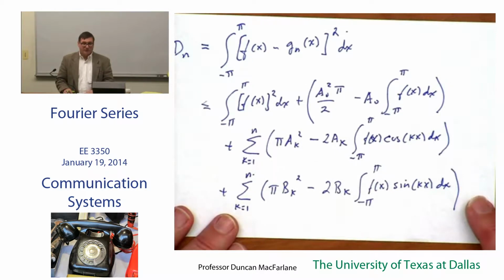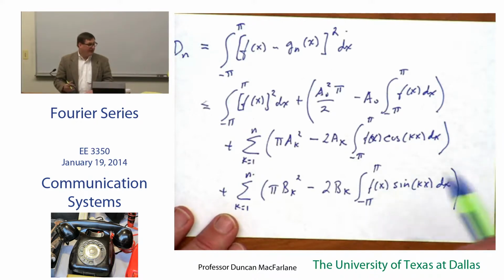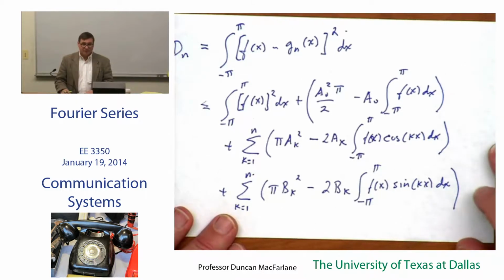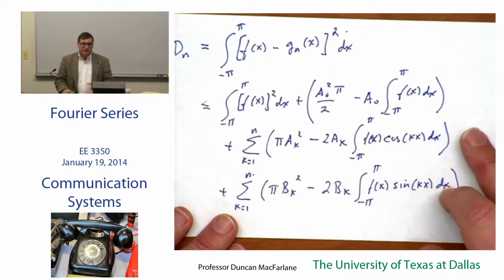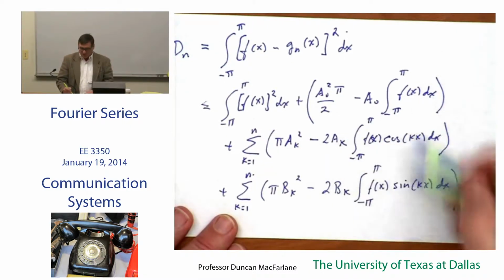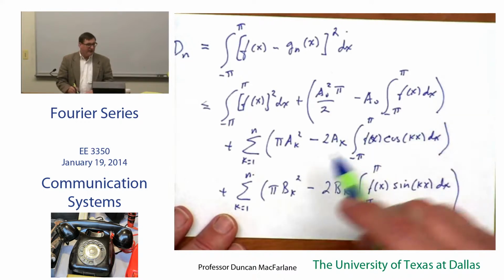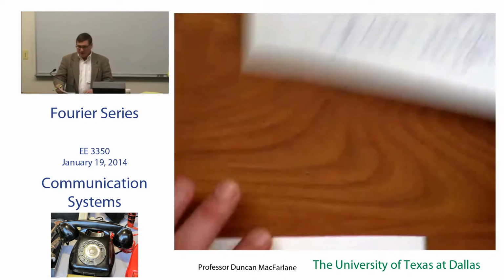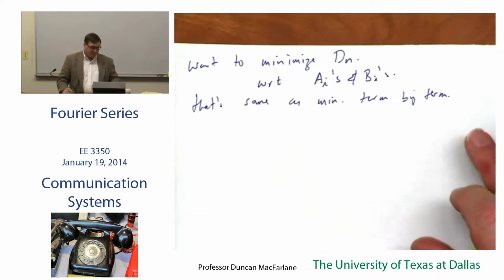When I say minimization, what am I going to do? Take the derivative. I'm going to take the derivative with respect to the a sub k's and the b sub k's to minimize that. I'm going to check the second derivative. Here's my function, minimize with respect to a certain thing. But since all of these guys are nicely separated in terms of the k's, I just have to go term by term by term.